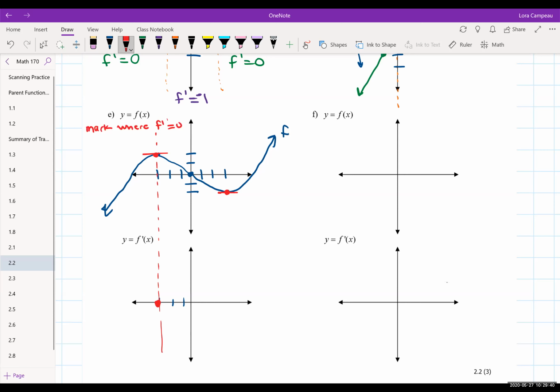And also at x equals +3, see if I can get that to line up right on top. So I can say, when I break up the x-axis, I should have a 0 slope for that tangent line, which means the derivative is 0.